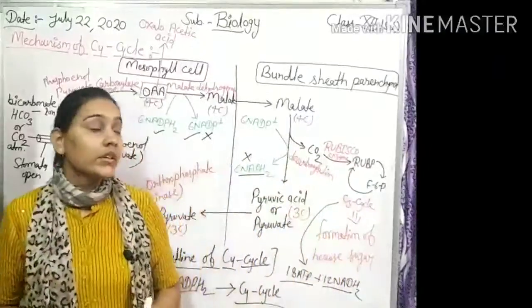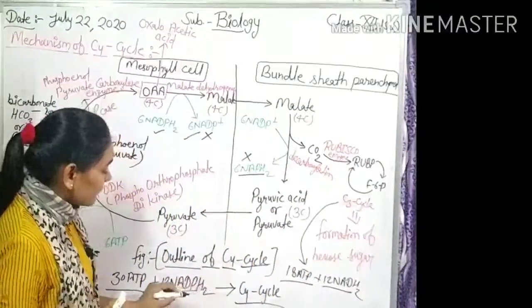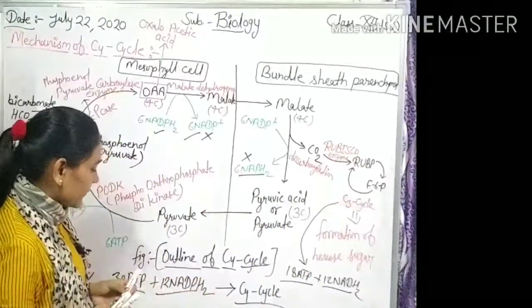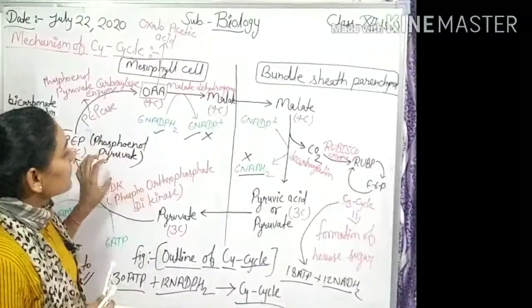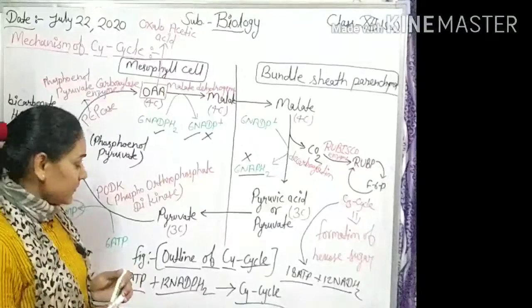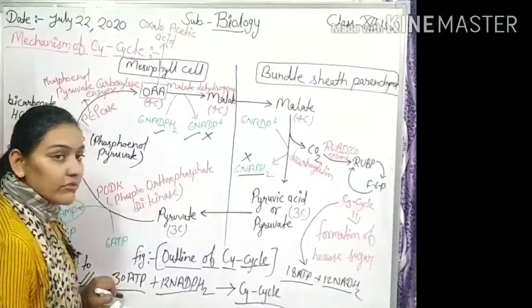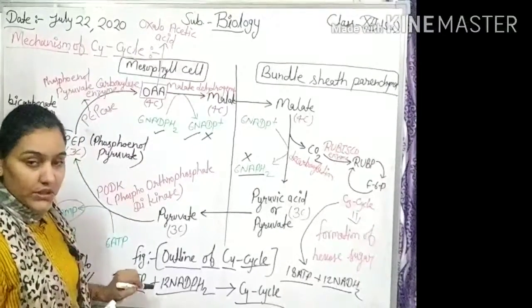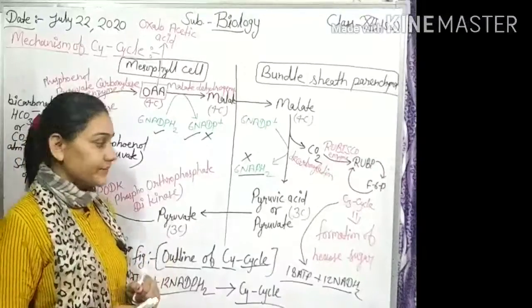So in this cycle, for one carbon 5 ATP molecules are needed.